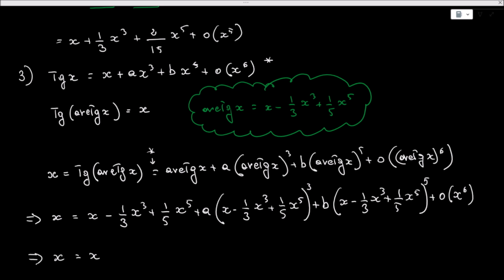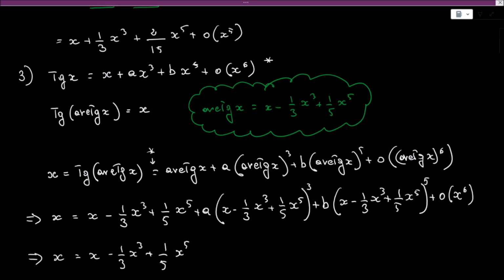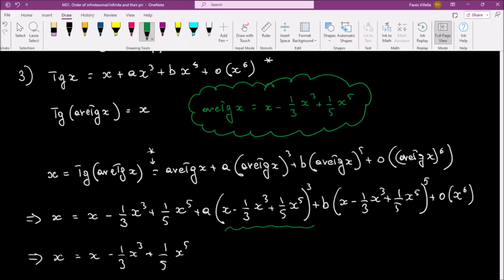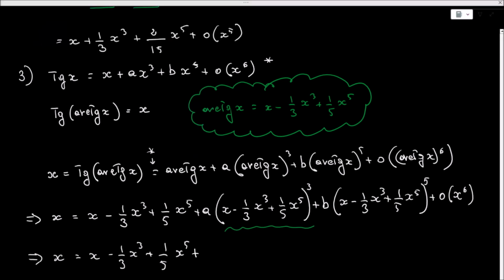So of course we will leave minus 1/3 x to the third plus 1/5 x to the fifth, but then from this power, what will survive will be a x to the cube.